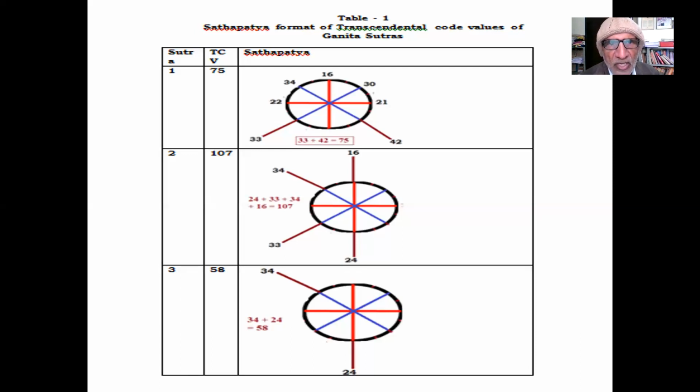So at each phase and stage, beginning with Ganita Sutra 1, one shall permit the mind, one shall continuously remain in prolonged sitting of trance to comprehend and imbibe the manifestation of the Transcendental Code Value 75 for Ganita Sutra 1.